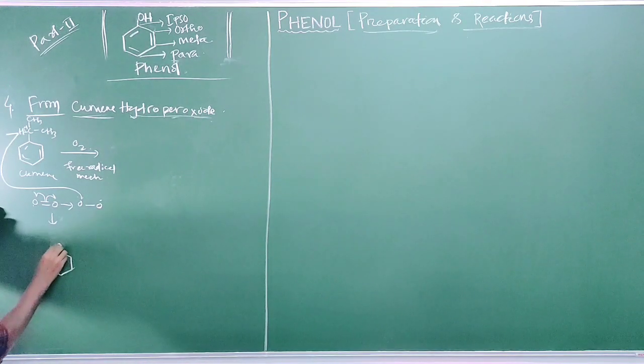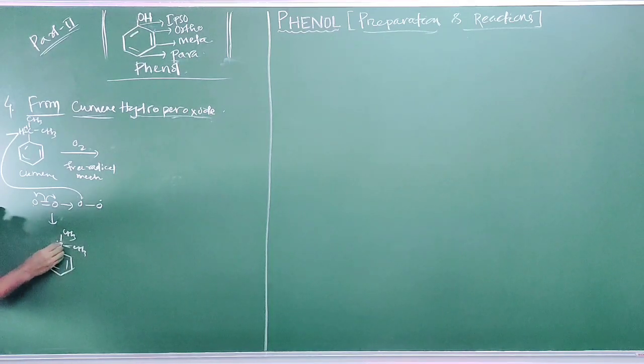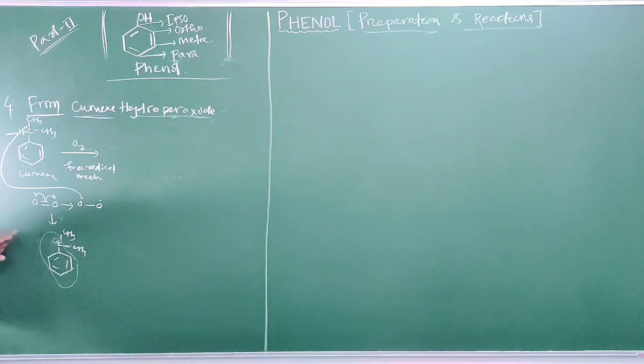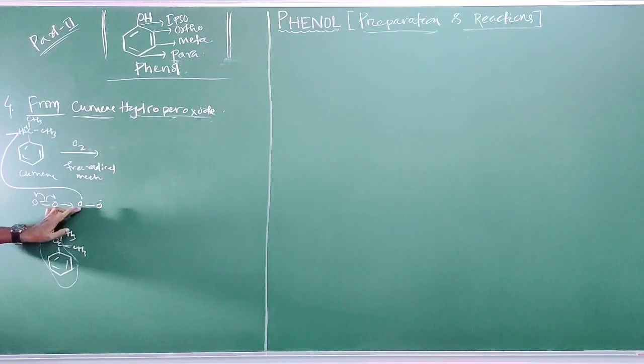One free radical, and this free radical is stable. Which free radical is this? Benzyl free radical. Phenyl ring attached to carbon and free radical over this carbon. This is the whole benzyl free radical, and benzyl radical, all of you know, is stable. So that is why this hydrogen is taken by oxygen.